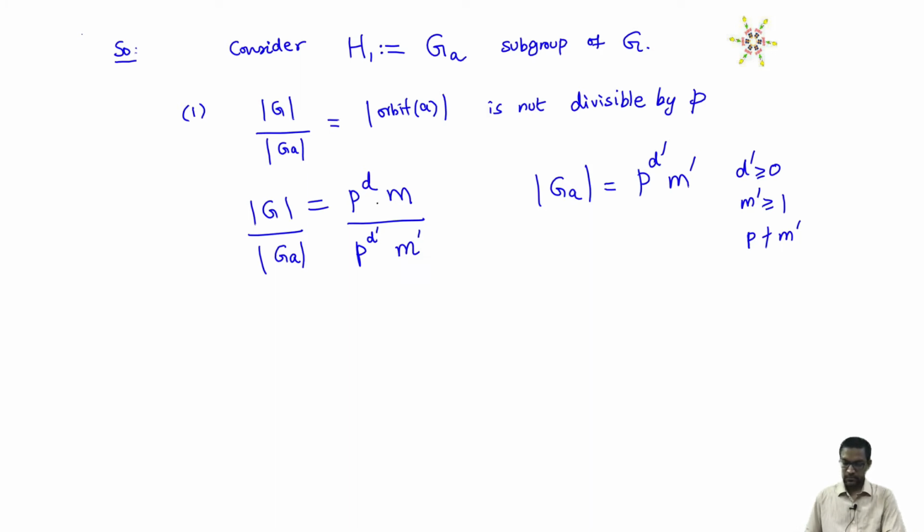Now in this quotient, what is it that I know? That finally there are no powers of P occurring. After I have cancelled out all the common factors, what I know is that no P's occur, no powers of P are left over. No powers of P divide this quotient.